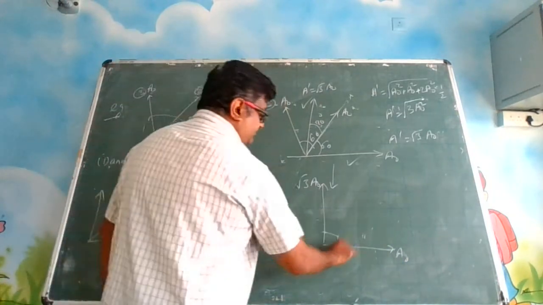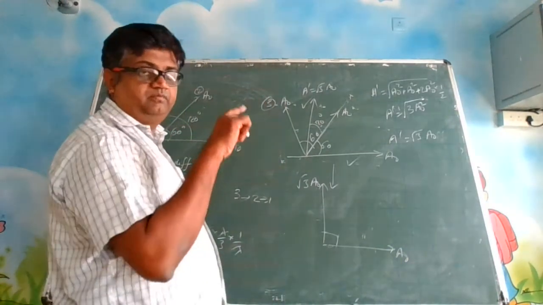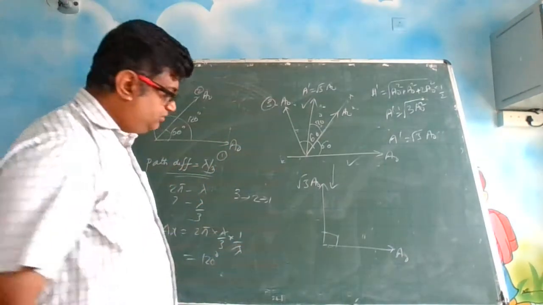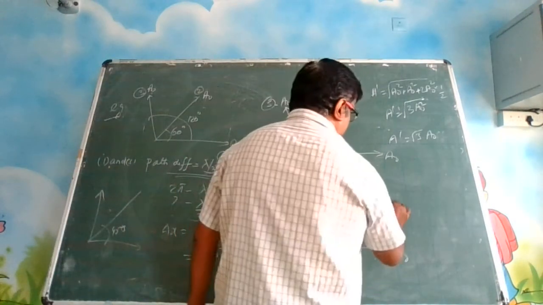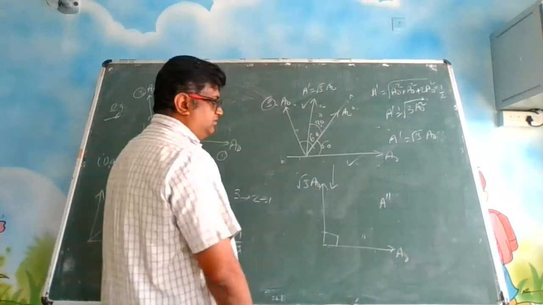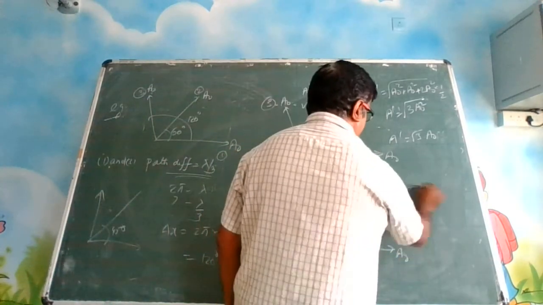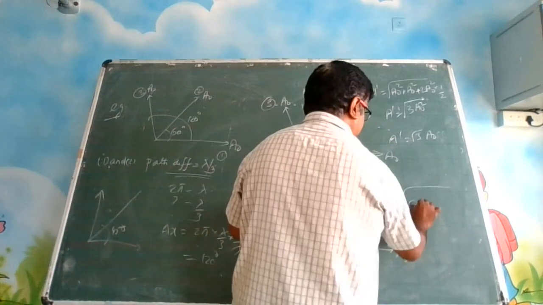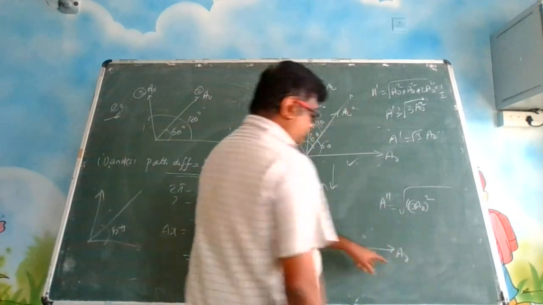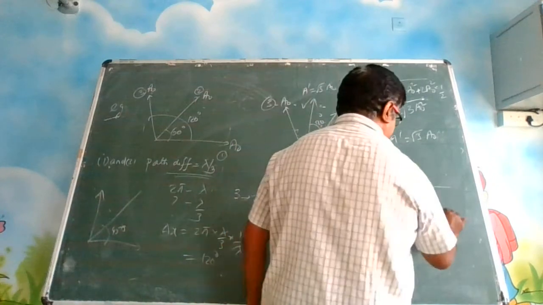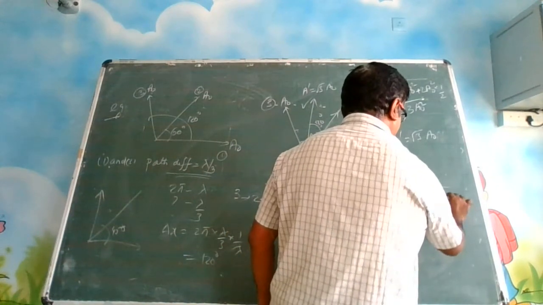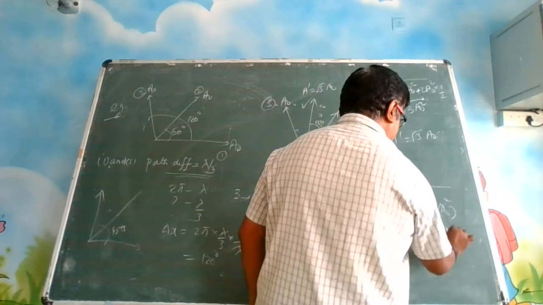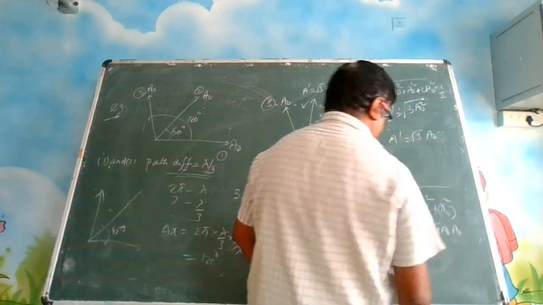So this is 90. So p square plus q square plus 2pq cos theta, cos 90, that will become 0. What will be the resultant here? That is called A double dash. A double dash will be equal to root over p square plus q square plus 2pq cos theta.